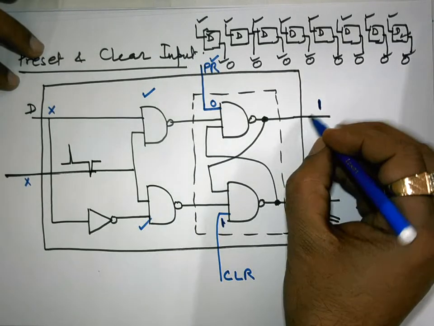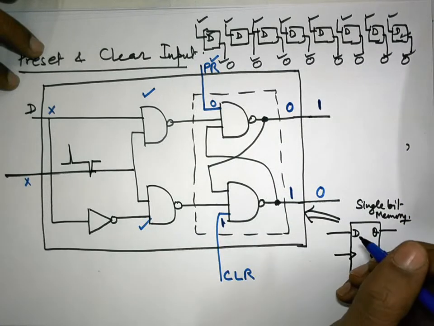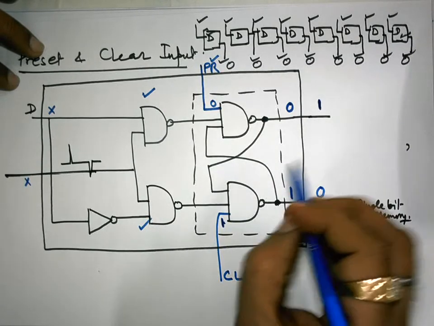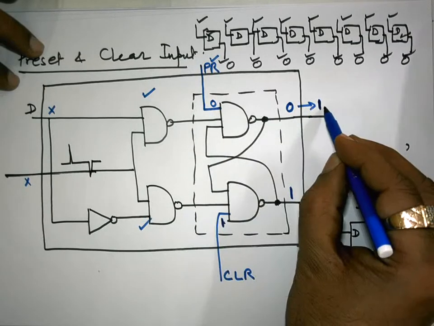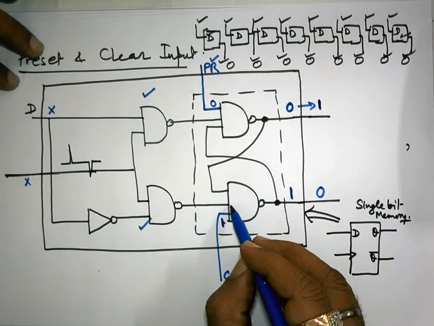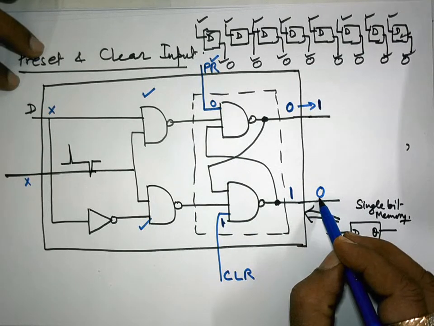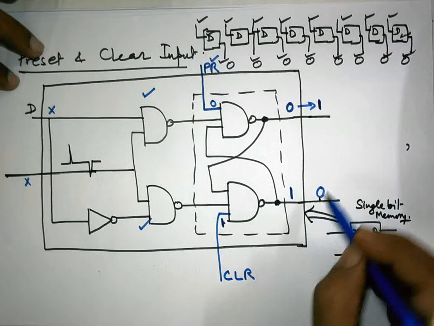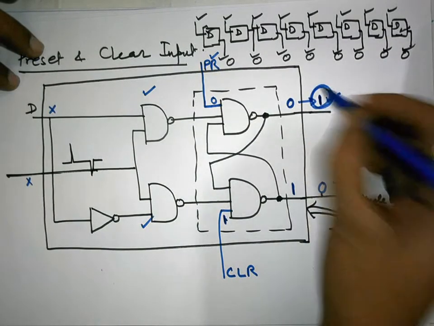Whatever was the earlier condition, suppose the earlier condition was 0, 1. Then what will happen? This 0 at this input is going to make it 1. And this 1 and this 1 coming over here is going to make it 0. Okay. So it is going to make it set.